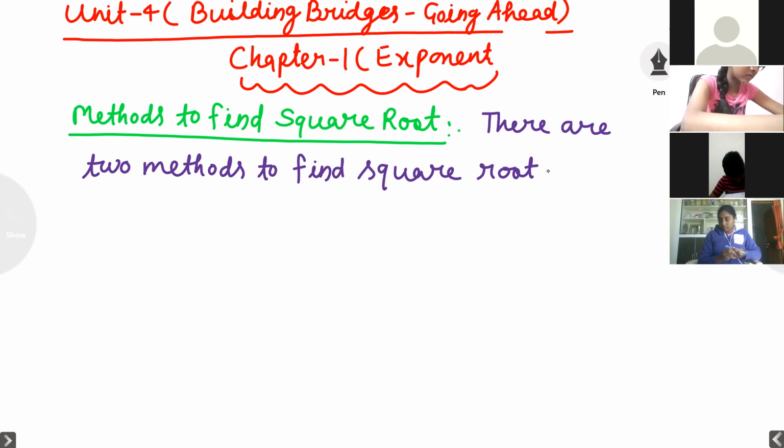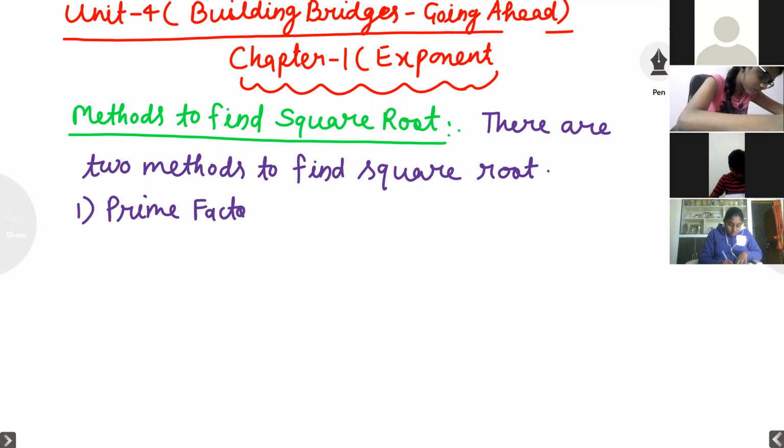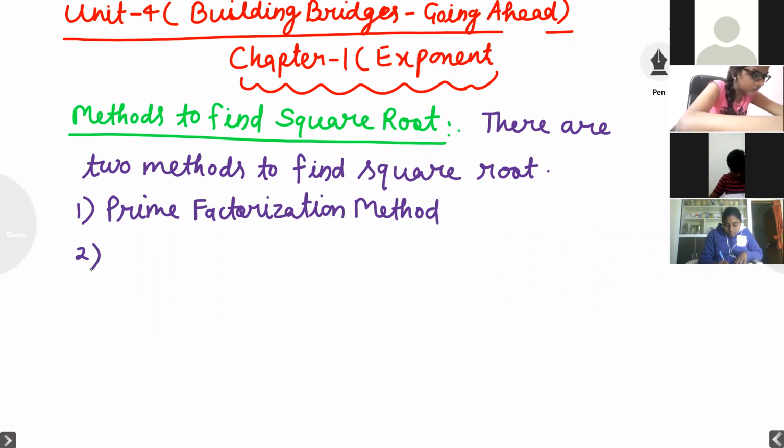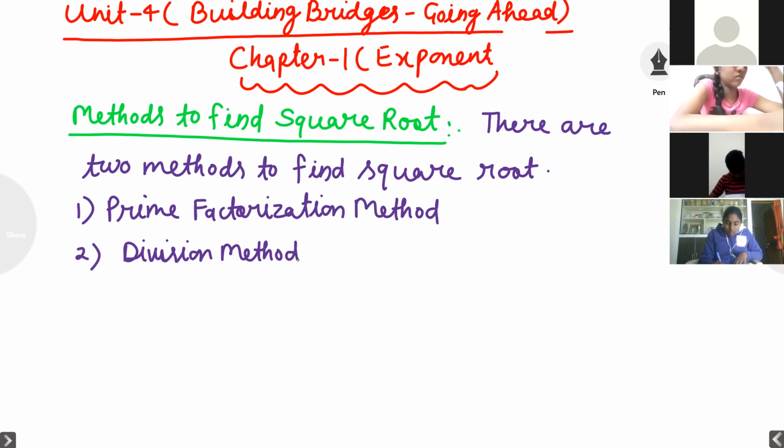First method is prime factorization method. Second method is division method or long division method.